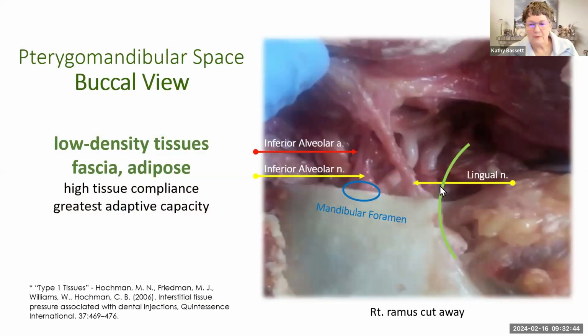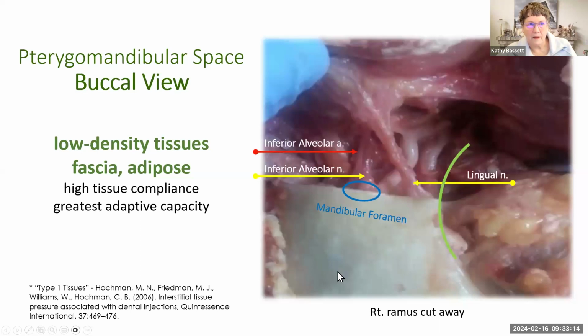So now I want to look deeper into the tissues, and let's consider the conversation of height and depth for where we think the mandibular foramen is, and why we're inserting in the manner that we're choosing to. As for depth, in this image, we can see that the mandibular foramen is located approximately half the width of the ramus when you're at that narrowest aspect of the ramus.